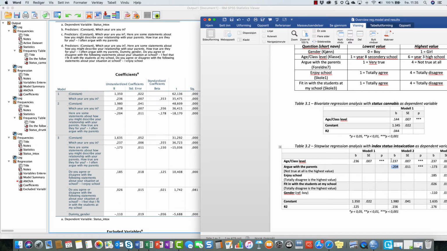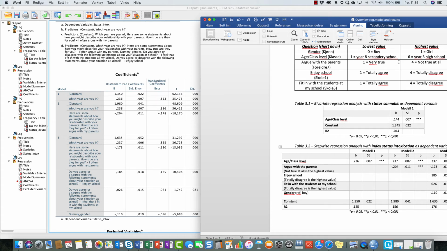This is controlled for age or class, because when we include another independent variable in our model, we control for this variable. And so this is the effect of age controlled for whether you argue with their parents or not.